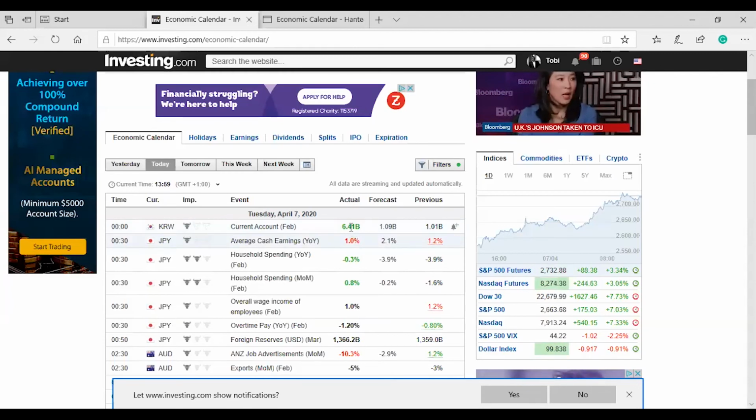So this is why I like using this website. The information was better than expected, which often can say that the market will go in favor of that. Red is below, so that means the market can crash. So that's one way of determining whether or not the news is going to be good or bad.